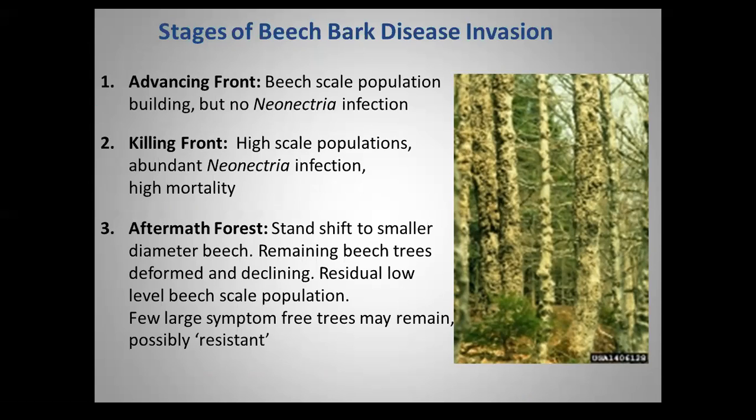Remaining trees that are present are shown in the picture on the right-hand side. They're typically deformed. A lot of the cankers become very deformed as the tree tries to defend itself from the fungal infection. And there are a few large trees that will persist that are potentially resistant.